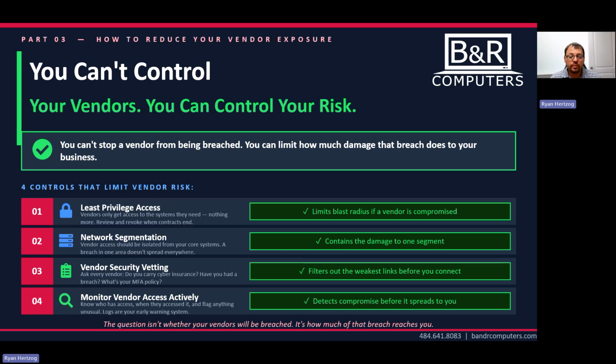You can have all the logging and monitoring in place, but if no one's actively reviewing those logs, it's not doing any good. So the question isn't whether your vendors will be breached, it's how much of that breach will reach you.